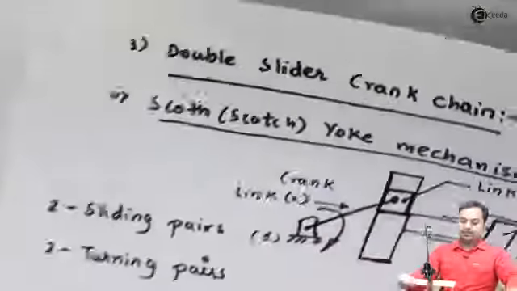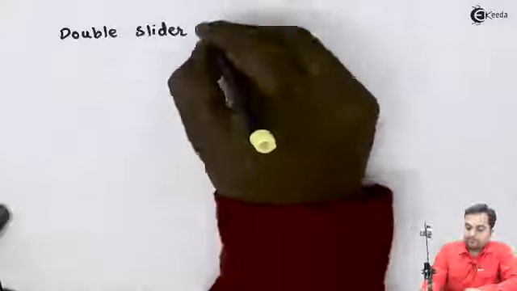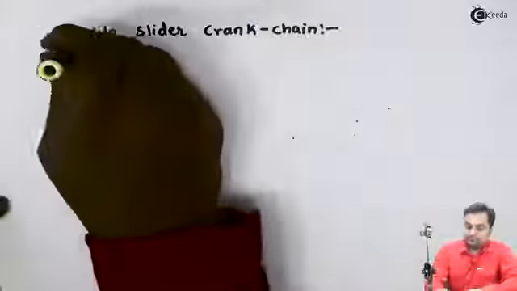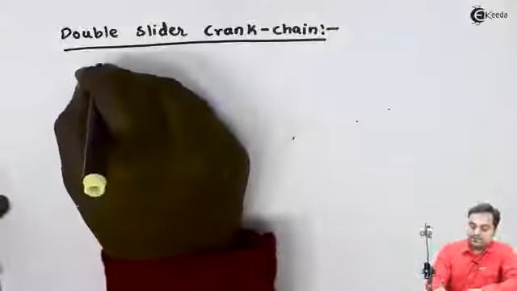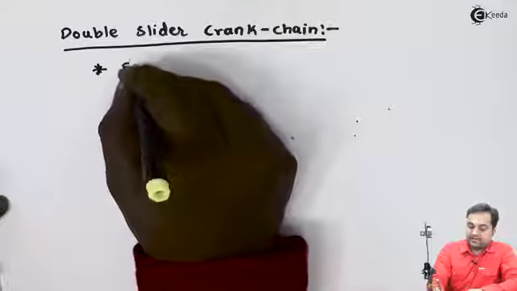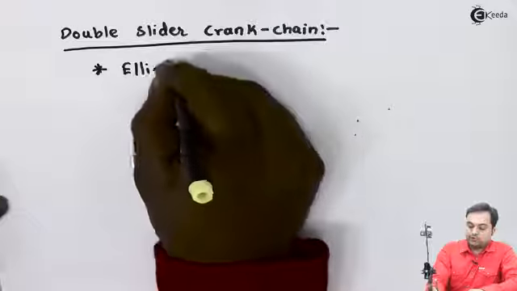Next, another example of double slider crank chain is an elliptical trammel. I'll draw the diagram for that. So we have another example of double slider crank chain. Another example is an elliptical trammel, which is used to draw an ellipse.